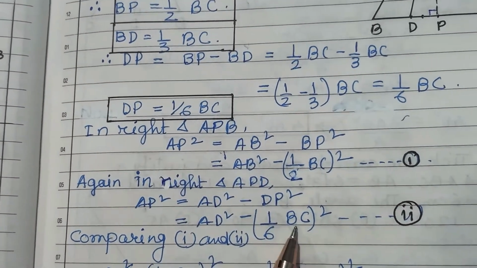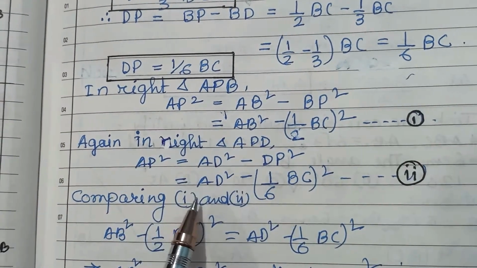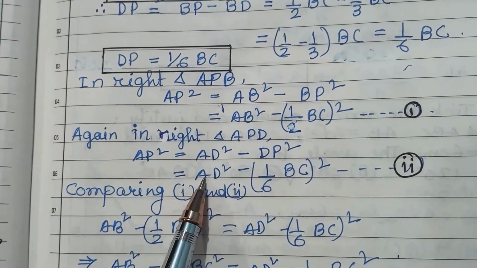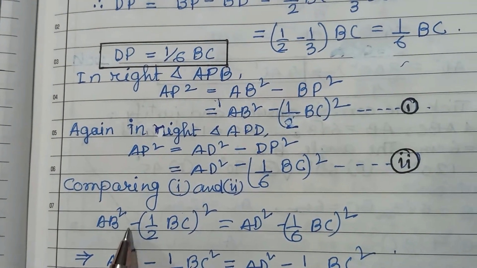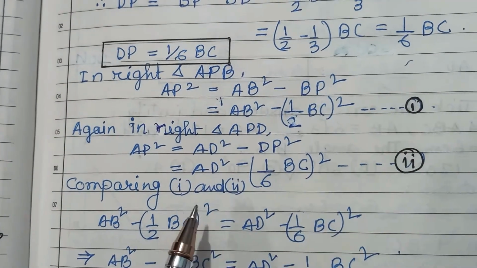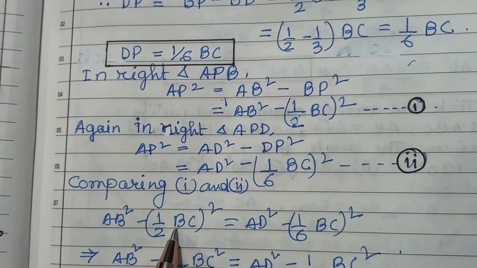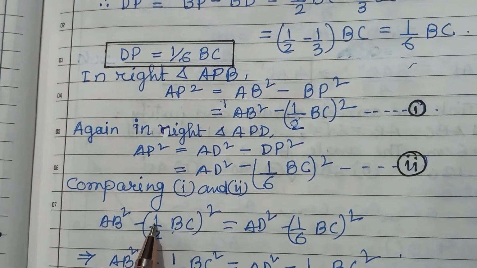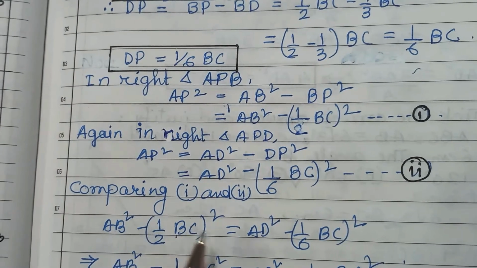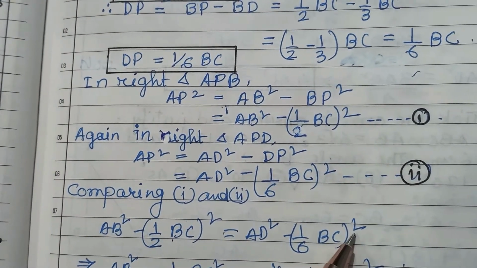Put the value. Now these two relations you add. AB square minus half BC square, you have to add in this way, is equal to AD square minus 1/6 BC square.